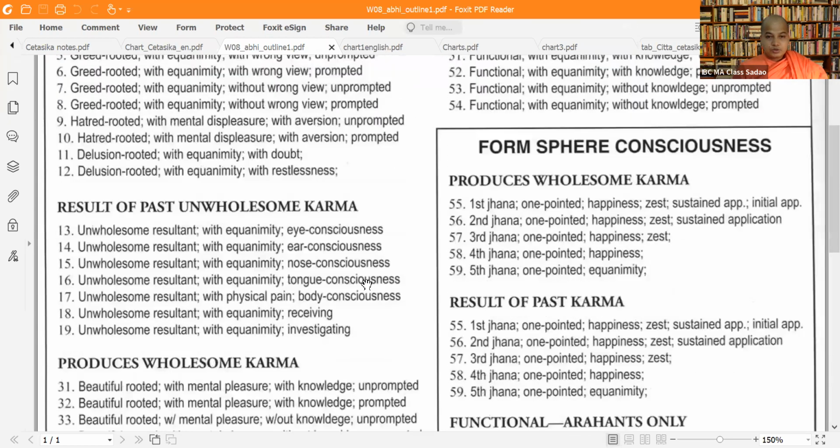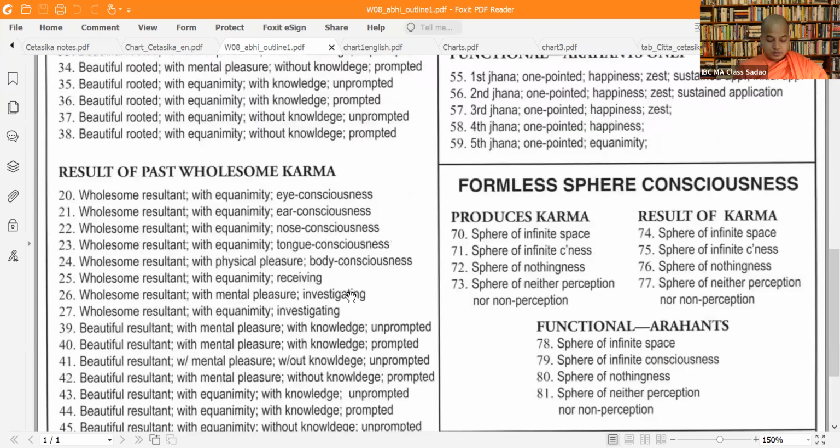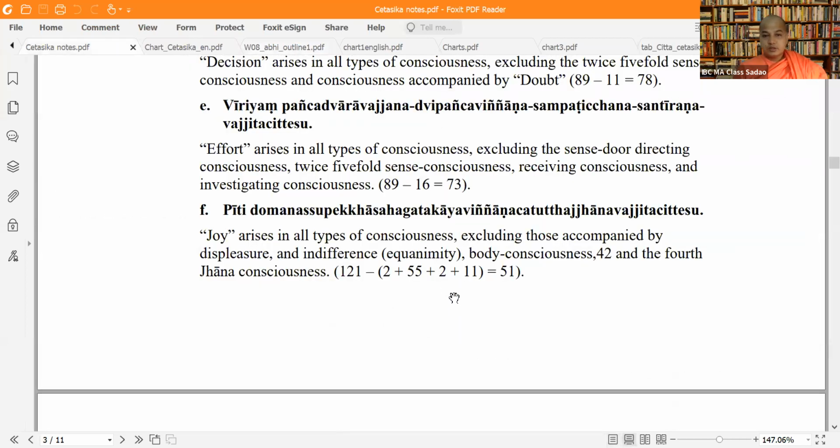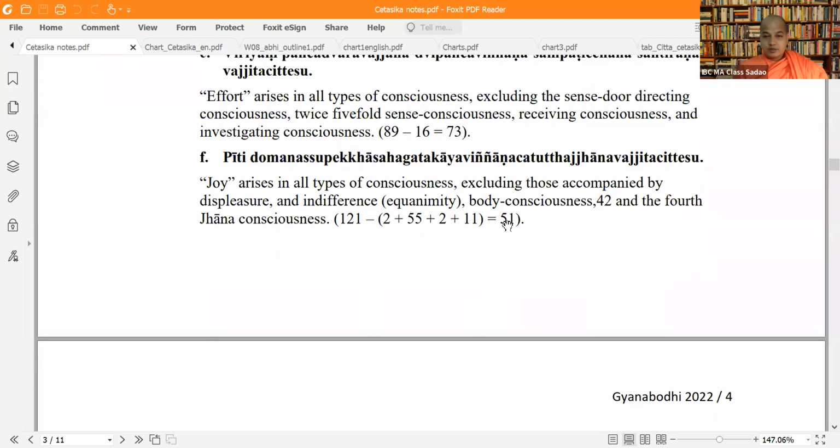And probably it is also referring to this. Yeah. Wholesome resultant with physical pleasure, body consciousness. Okay, so these are the body consciousness where this piti is not present. Therefore, you have piti being present in 51 chittas.